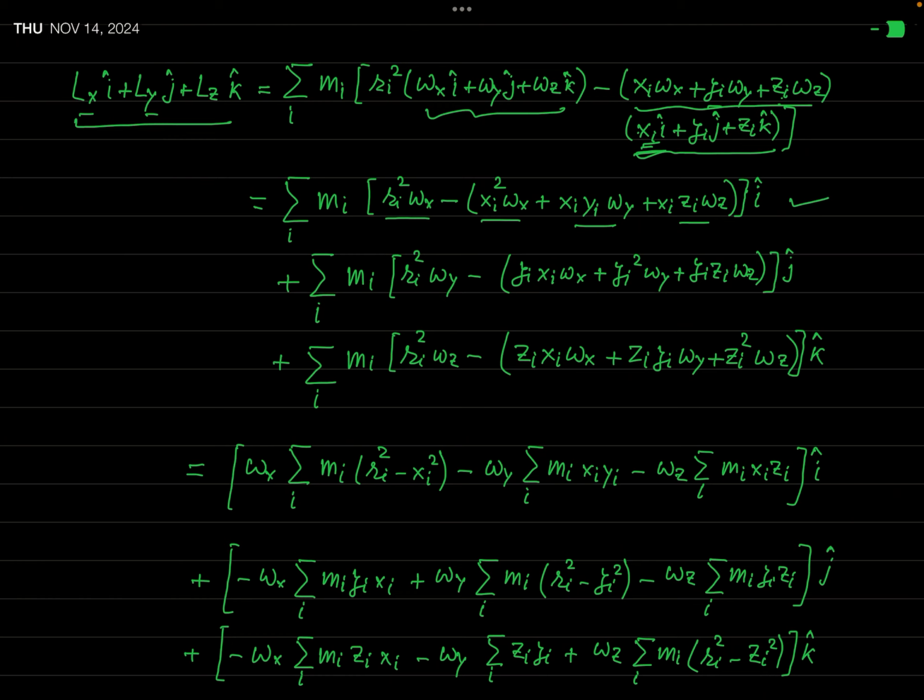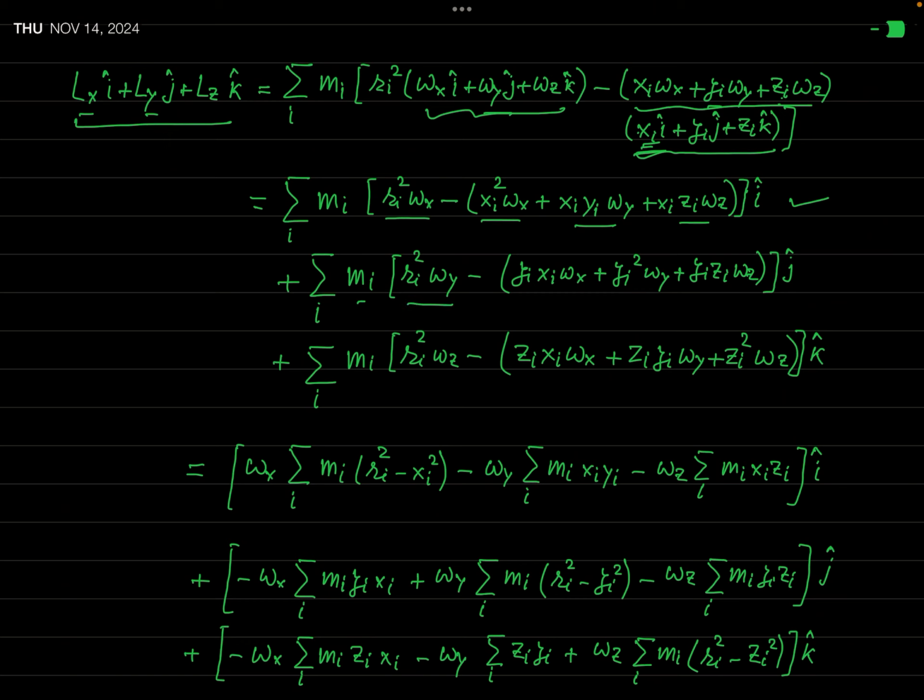Similarly, now you have to associate all those terms in which j is a common factor. So you can see when you take the omega y j term, the first term is summation over i of mi Ri square omega y.